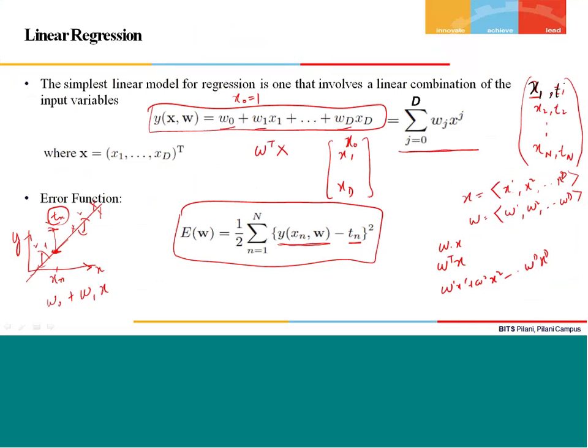For the second, there is X2 and the corresponding value is T2. Likewise, the nth is Xn and the corresponding value is Tn. So you have X as a vector and T is a real number.